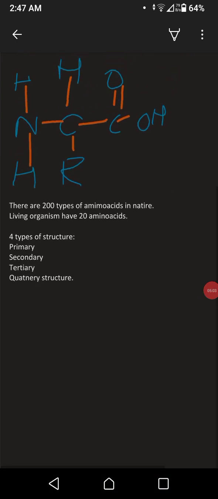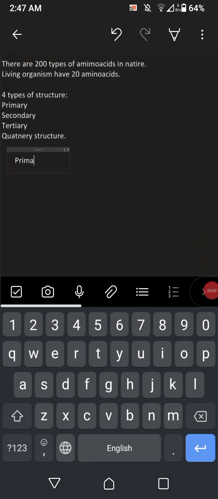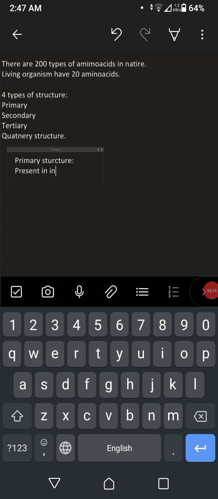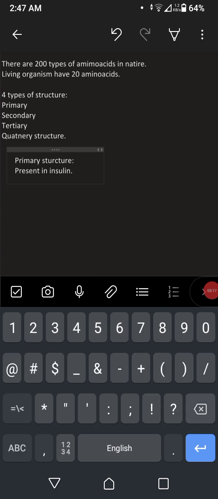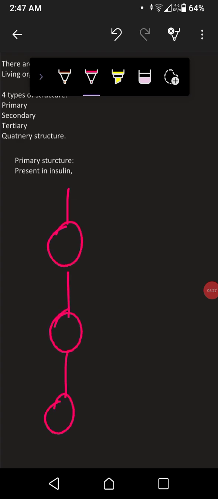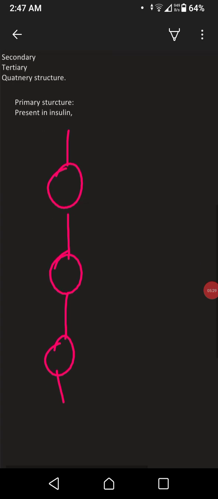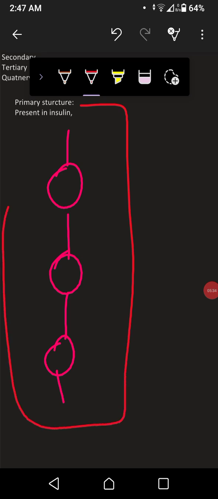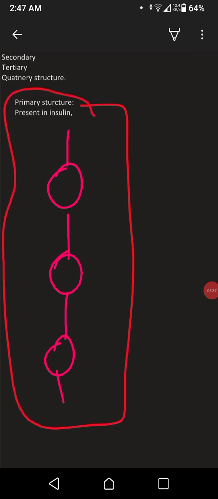First of all, let me discuss the primary structure. It is present in insulin. Let me just draw it. This is the primary structure of the protein.